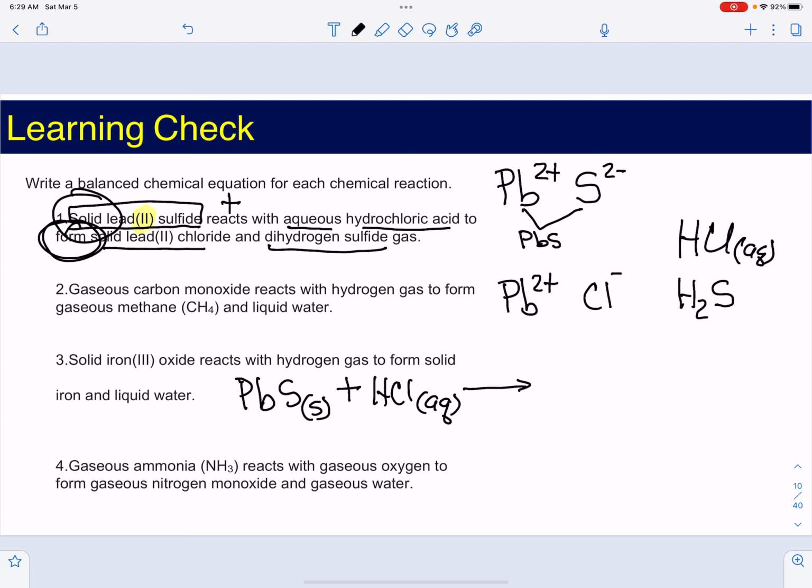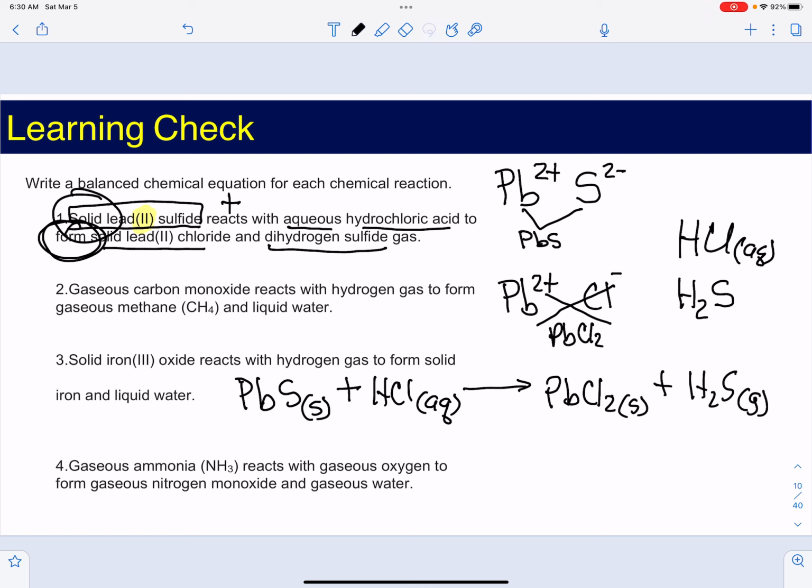Chloride is 1- straight from the periodic table, crisscross, PbCl2, which is a solid according to the problem, plus dihydrogen sulfide, H2S, which is a gas according to the problem.